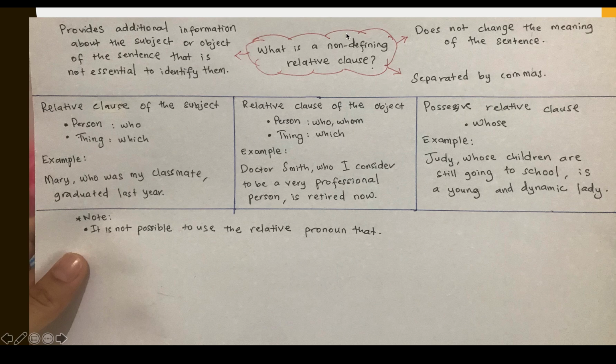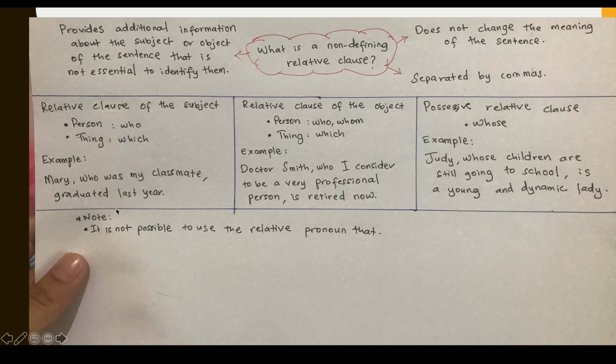Let's look at some examples. First, the relative clause of the subject. If the subject is a person, we use who. And if the subject is a thing, we use which. For example, Mary, who was my classmate, graduated last year. Here we can also say Mary graduated last year.